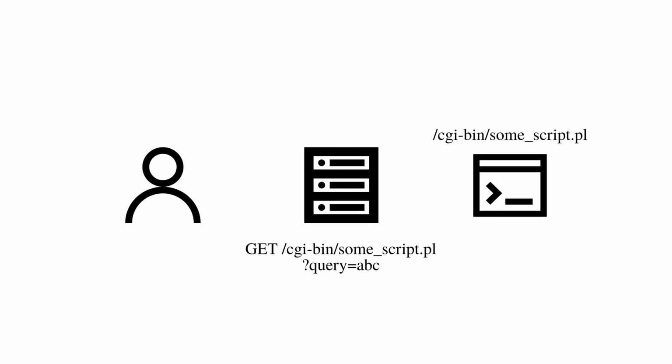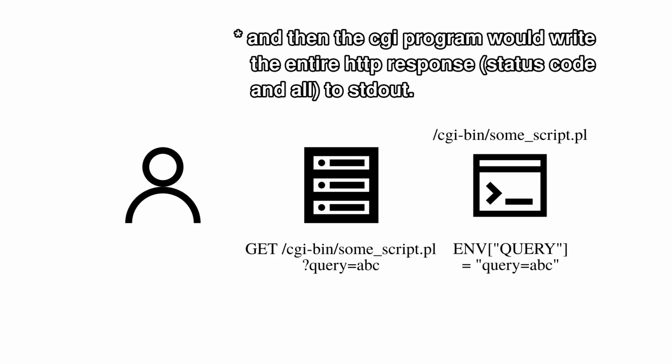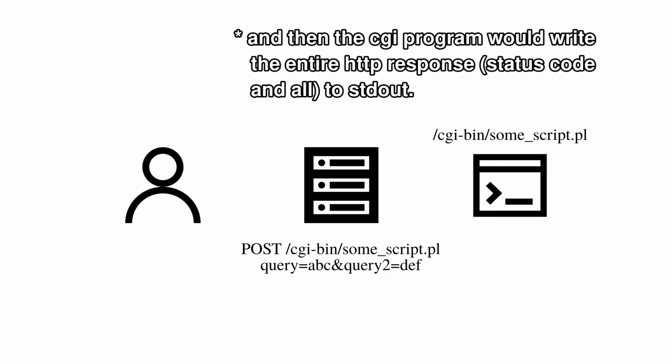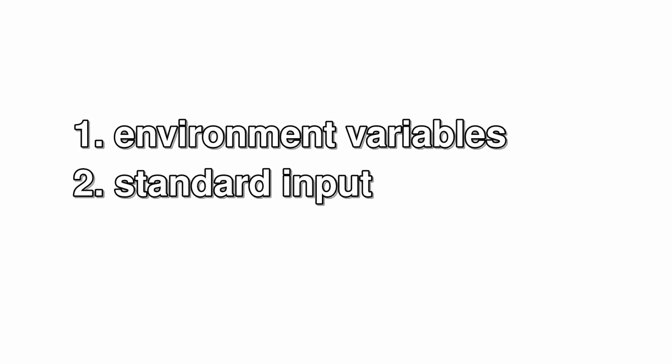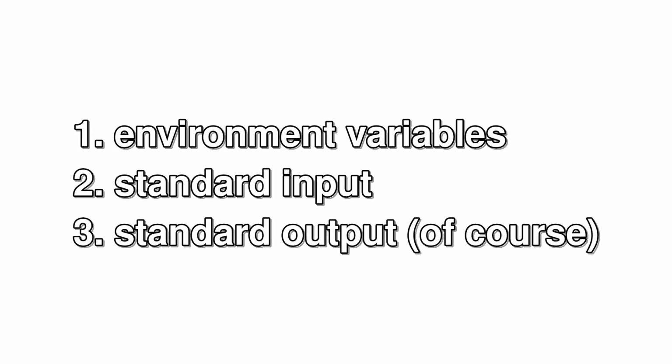It will pass along the data of that HTTP request to the CGI program, either as environment variables or as input data sent to the standard input of that CGI process. Contrary to popular belief, you don't have to write your CGI program in Perl. As long as there is a way to access the environment variables and the standard input, you are basically good to go.